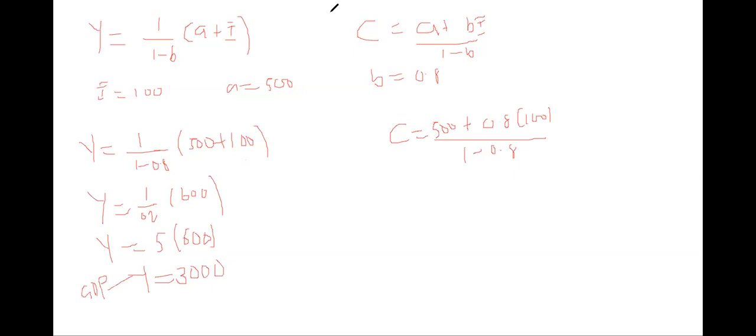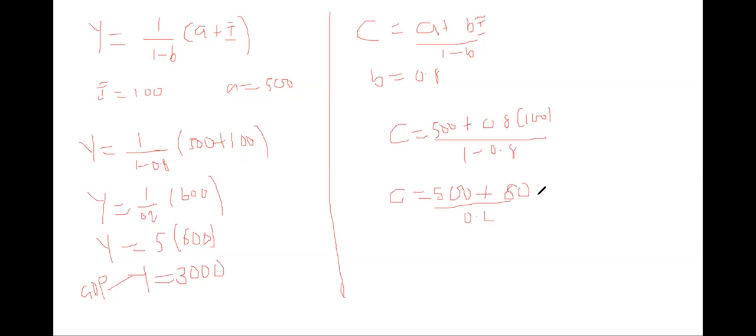So if we come here to the consumption side, we will have C equals 500 plus 80. How do we get 80? 0.8 times 100, we have 80. Then 1 minus 0.8 will give us 0.2.